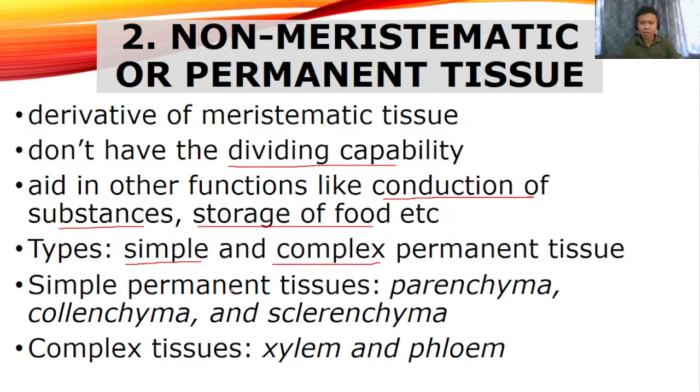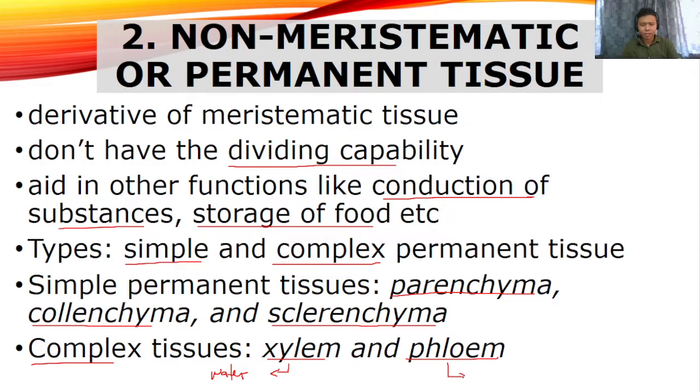For the simple permanent tissue, we have the parenchyma, collenchyma, and sclerenchyma. For the complex, we have the xylem and phloem. I want you to remember that xylem is responsible for the conducting of water molecules from the root system to the shoot system.